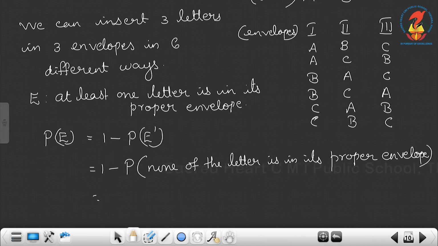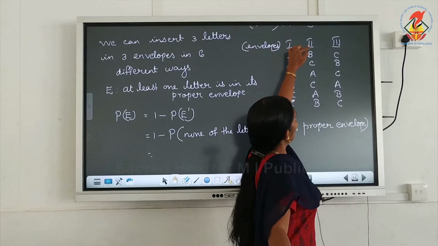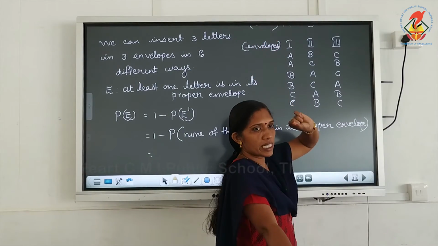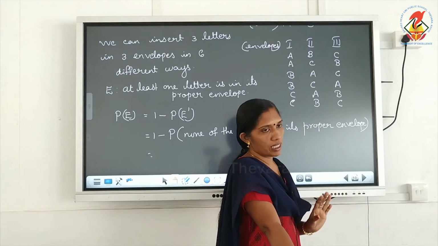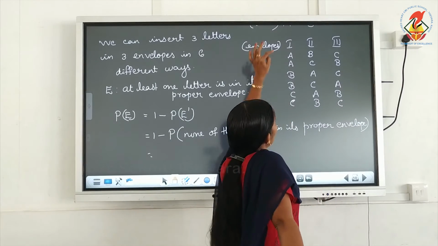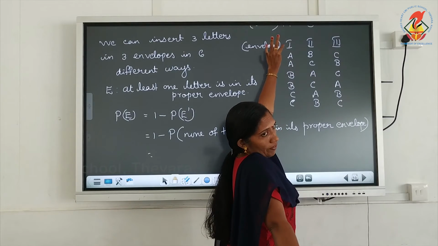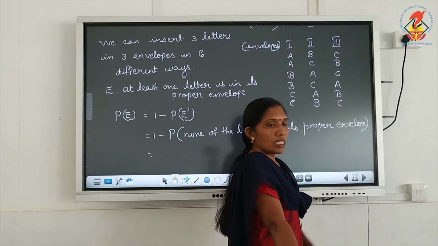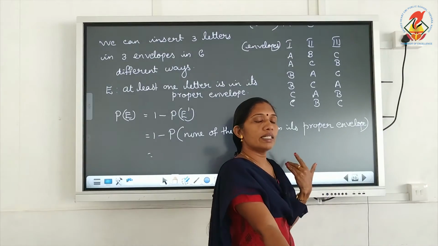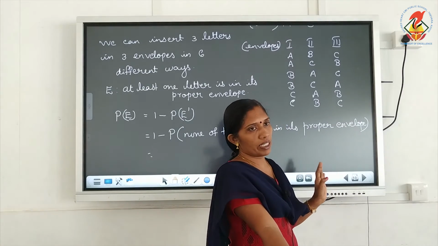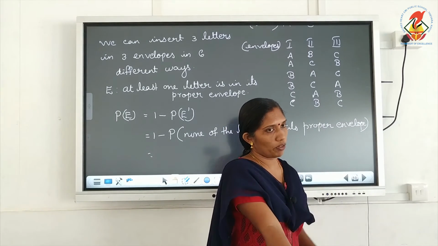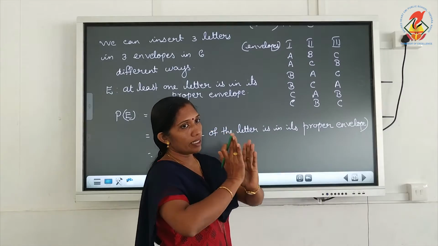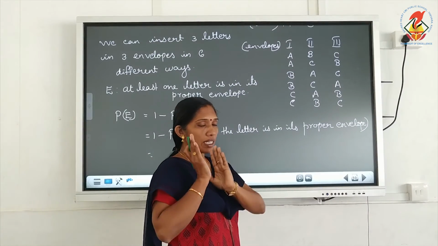Now here we have 1, 2, 3 envelopes. In the first envelope we insert the letter A, B in the second envelope, C in the third envelope. So these 3 letters we can insert in 3 envelopes in 6 different ways. That is the total number of ways. Now A in the correct envelope, B in the second envelope, C in the third envelope.